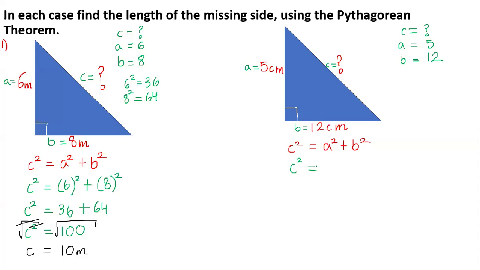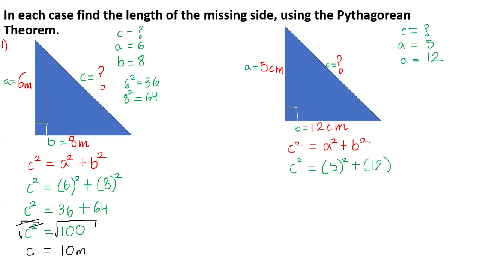Oh, I was asking what is A? A is 5 centimeters. Do you understand how to do this, by the way? Yes, sir. Okay, 5 squared. And then Chanel Jones, what is B? 12 centimeters.